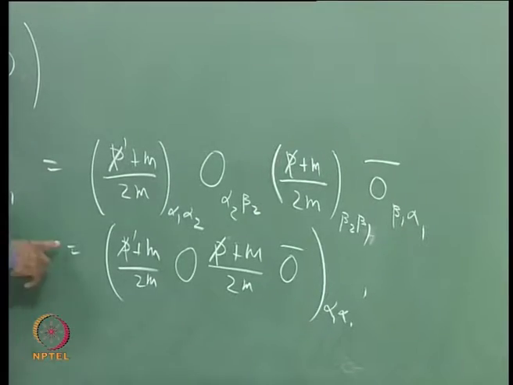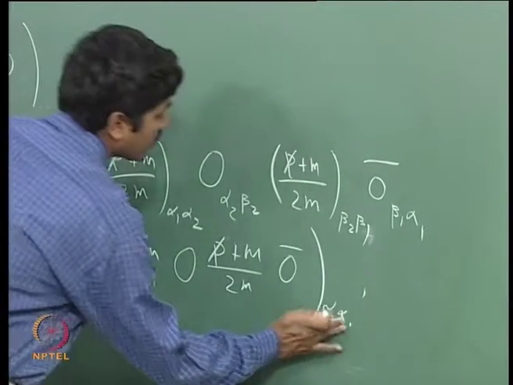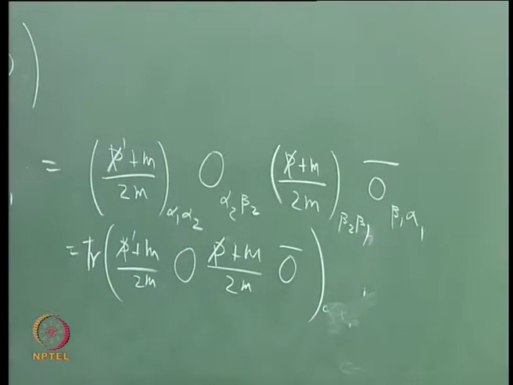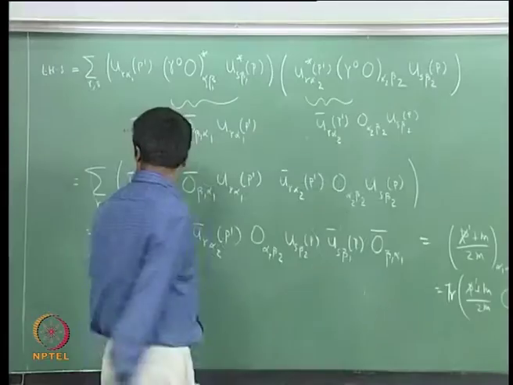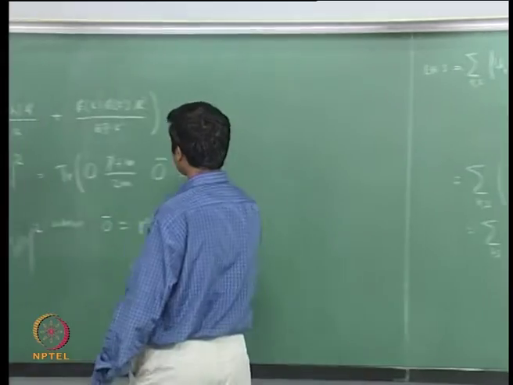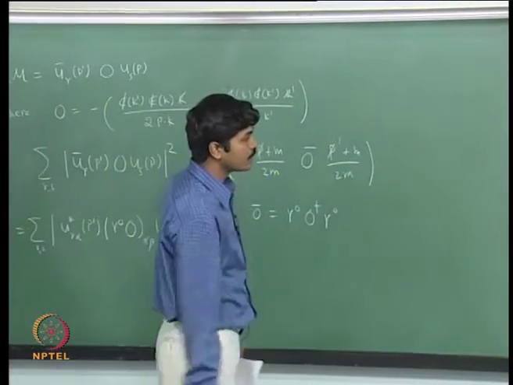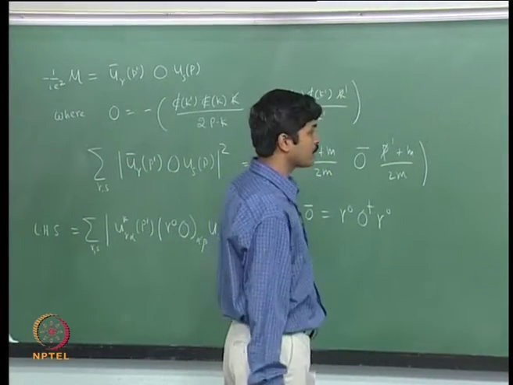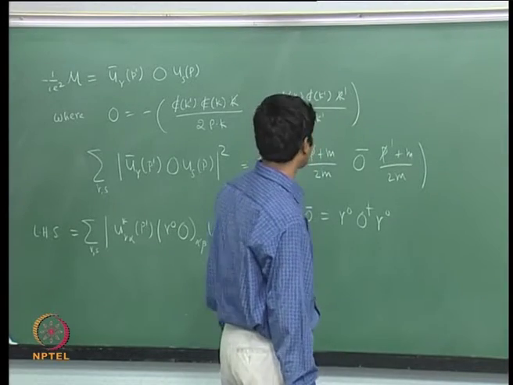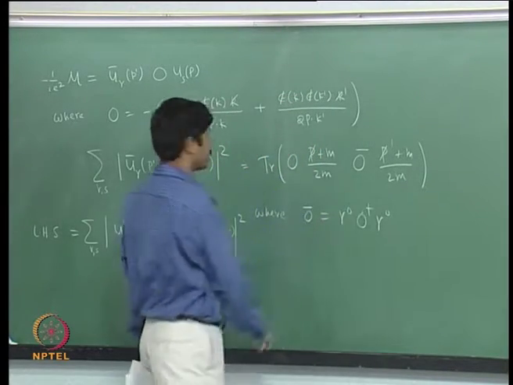Therefore, this is basically the trace of this operator. So, what we showed is that whatever we had claimed, this is nothing but, if you use the cyclic property of the trace, it is just this one.